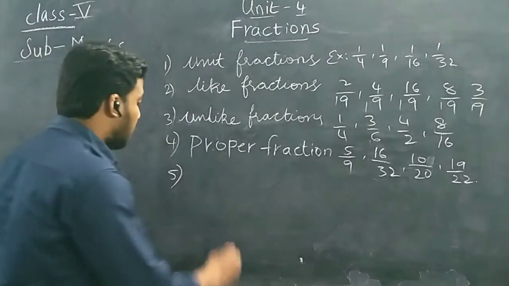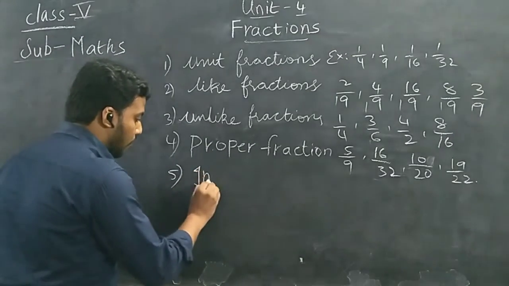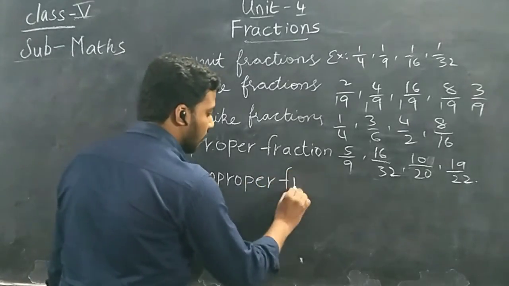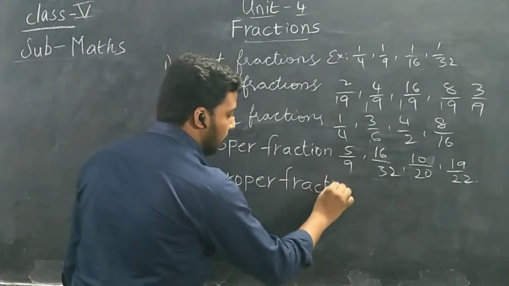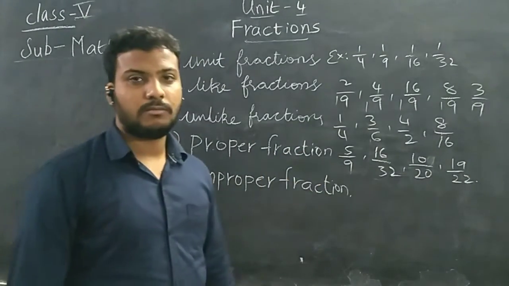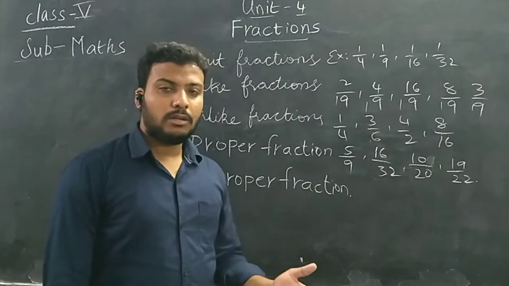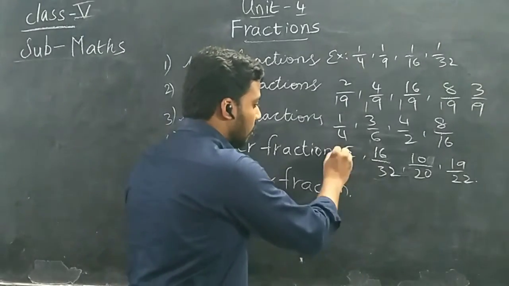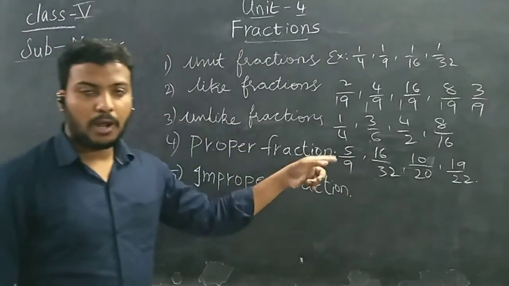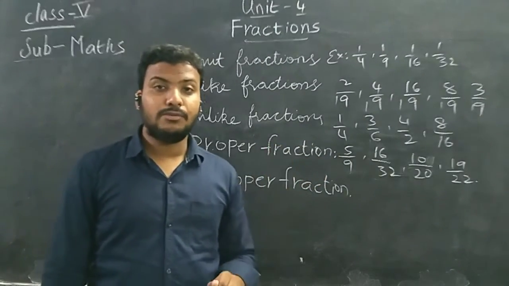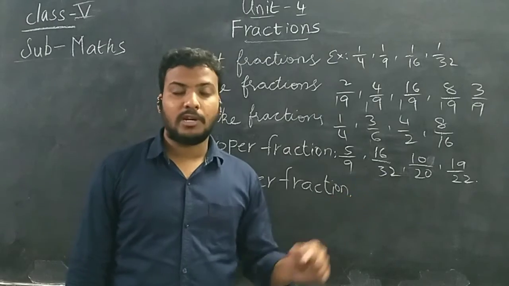Next, opposite to the proper fraction. What is that? Improper fraction, children. What is an improper fraction, children? Quite opposite to the proper fraction. Children, in the proper fractions, we discussed that the numerator value is very less compared to the denominator value.